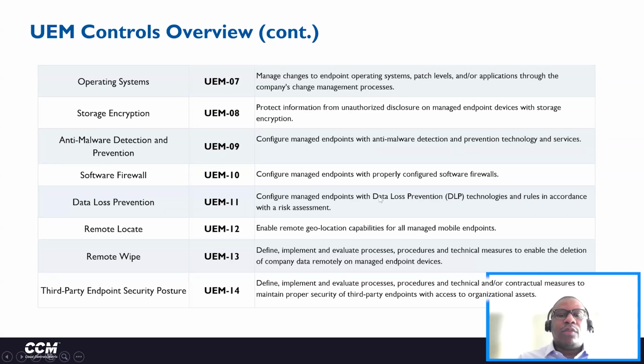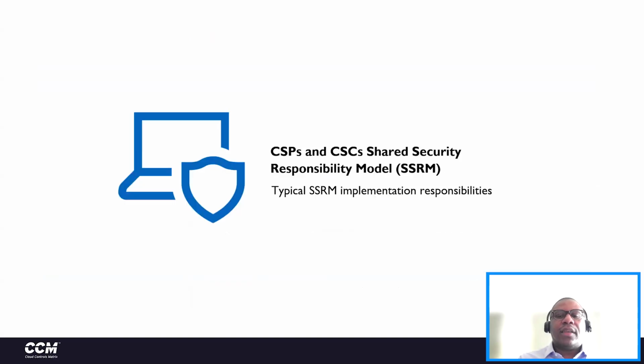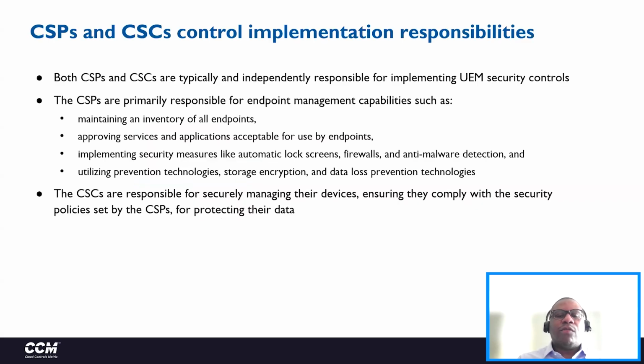So next, we will review the cloud service providers and cloud service customers shared responsibility model, also known as the SSRM. So cloud service providers and cloud service consumers' control implementation responsibilities vary, right? Both cloud service providers and cloud service consumers are typically independently responsible for implementing the UEM security controls. So they're independent. The cloud service providers are primarily responsible for maintaining an inventory of all the endpoints.